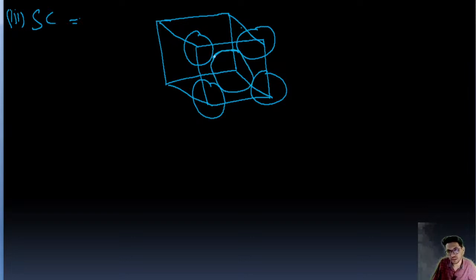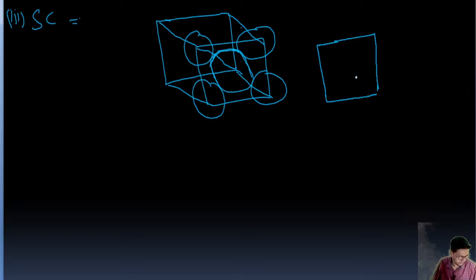So this is the sphere of maximum radius that can be fitted. From here we can make a figure like this.